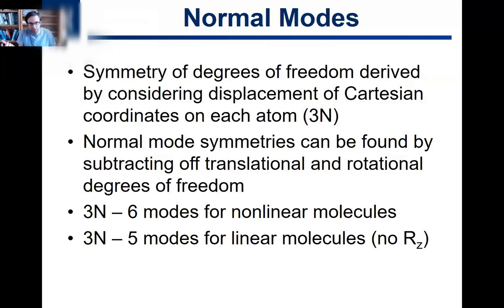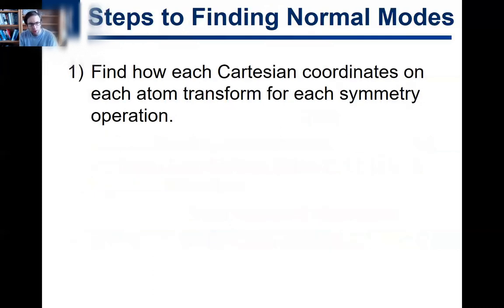But if you spin a sphere in place, it's not really moving in XYZ space, right? Perfect spheres are moving. So 3n minus 5 for linear molecules. So we'll use those 3n minus 6 and 3n minus 5 to check our answers to make sure that we're getting the adequate number of normal modes at the end of all of our arithmetic that we're going to learn how to do.